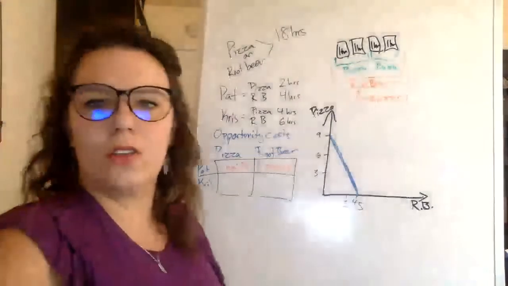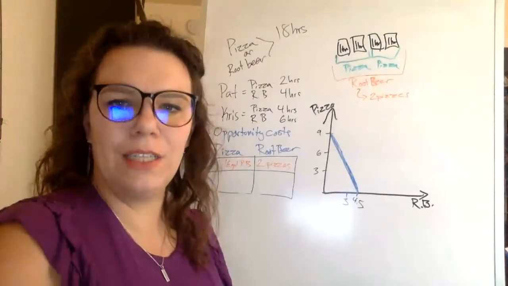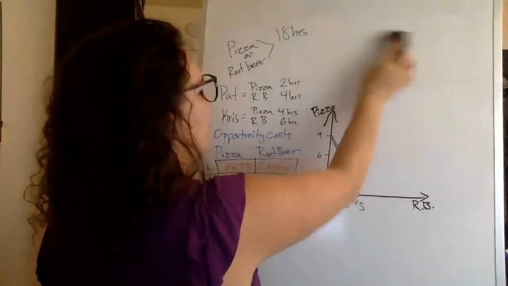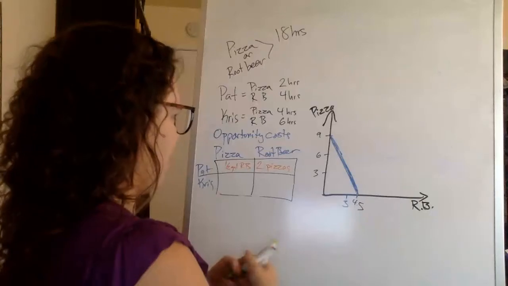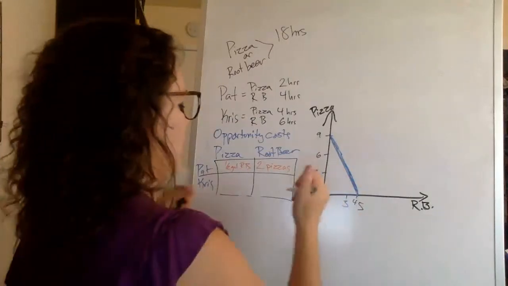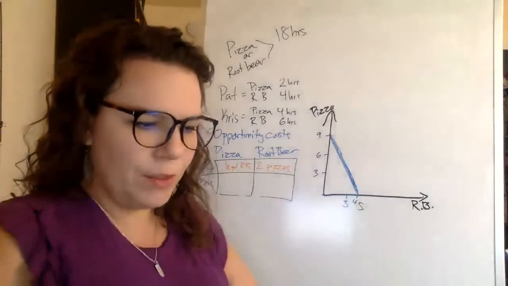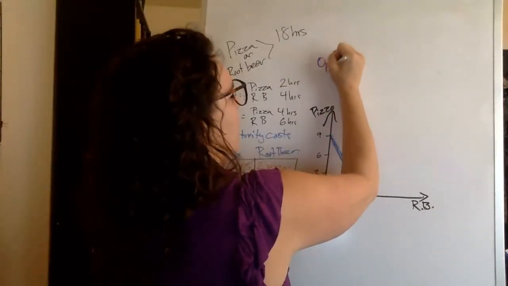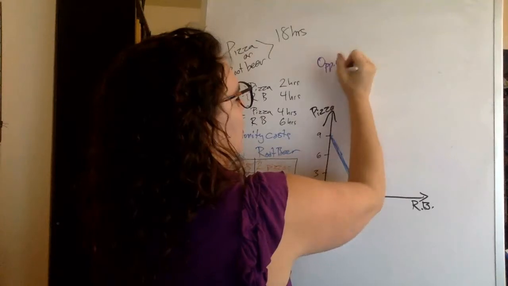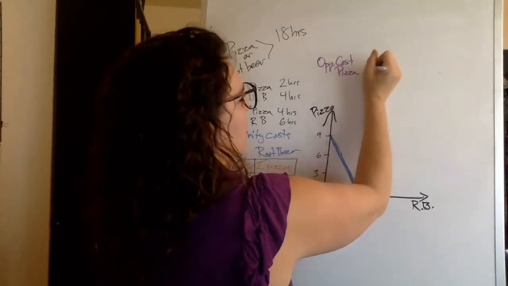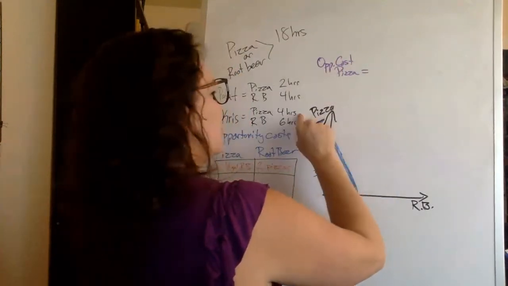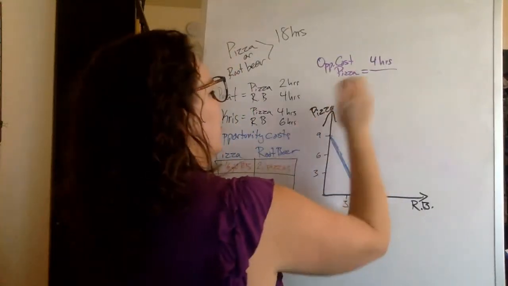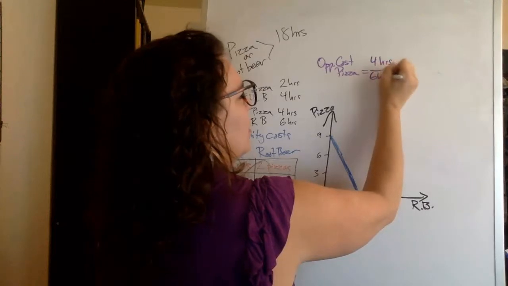We can also calculate it mathematically and say, okay, if we wanted to find the opportunity cost for Kris in terms of making pizza, so the opportunity cost for Kris of making pizza is equal to the cost associated with making pizza, 4 hours, divided by the cost associated with making root beer, 6 hours.